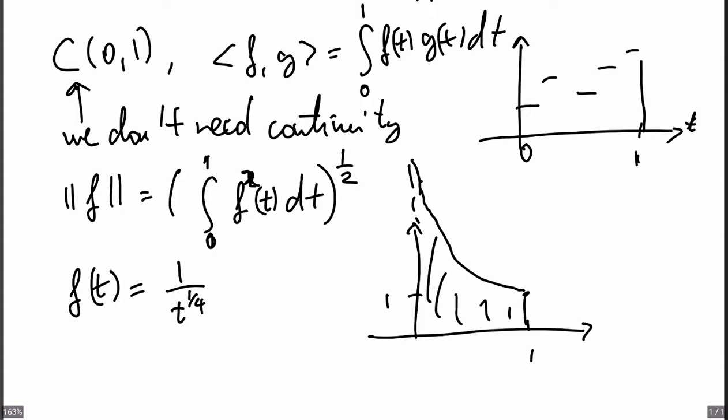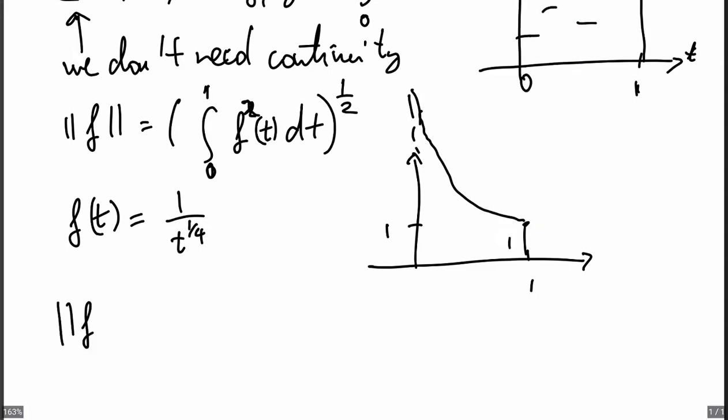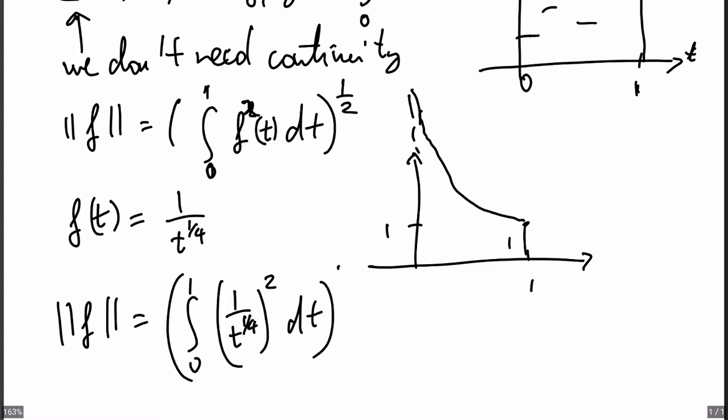But the norm of that function is not just the area under the graph. Actually, for the norm, we have to square it. So if you want to calculate the norm of this function, you get the integral from 0 to 1 of (1 over t to the 1/4) square dt, and then you have to take the 1/2 power.